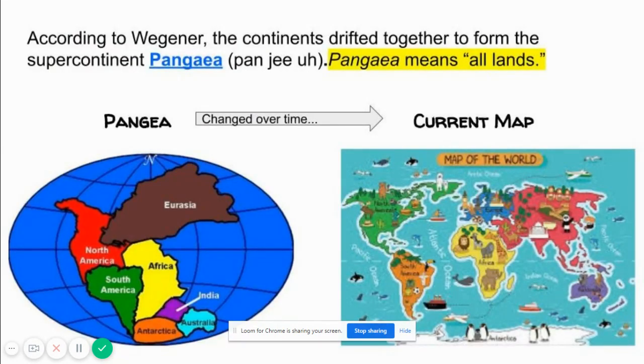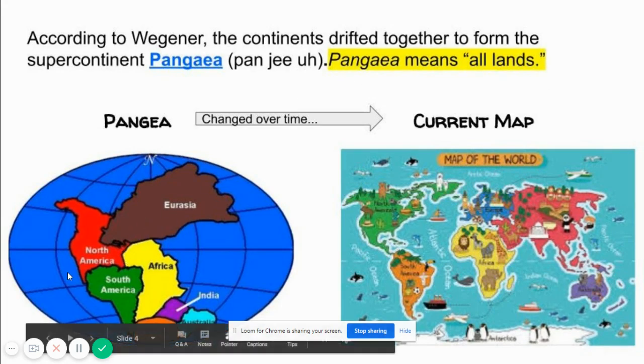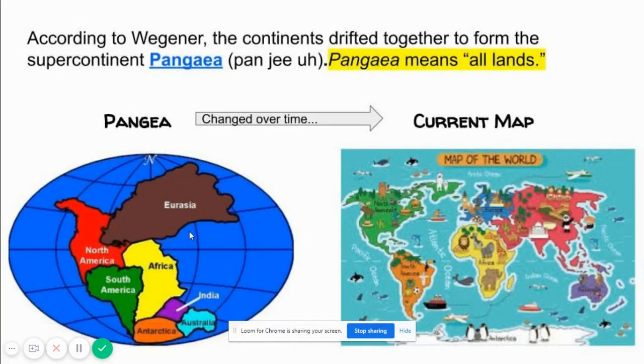According to Wagner, the continents drifted together to form the supercontinent Pangaea. Pangaea means all lands. All of North America, South America, Africa, Europe, Asia, Antarctica, Australia, all made a supercontinent called Pangaea, which means all lands.